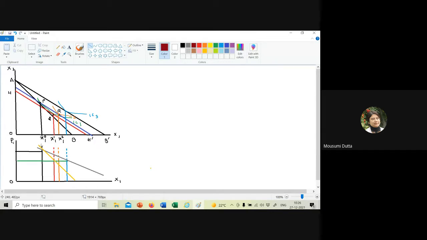And next, this point is there. This is the Slutsky compensated demand curve.